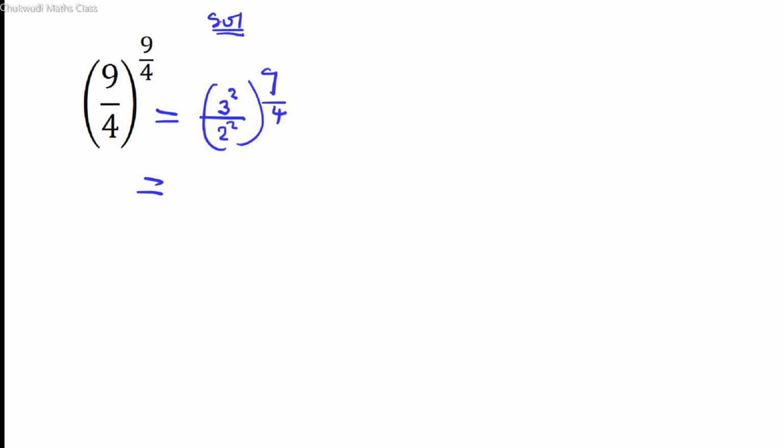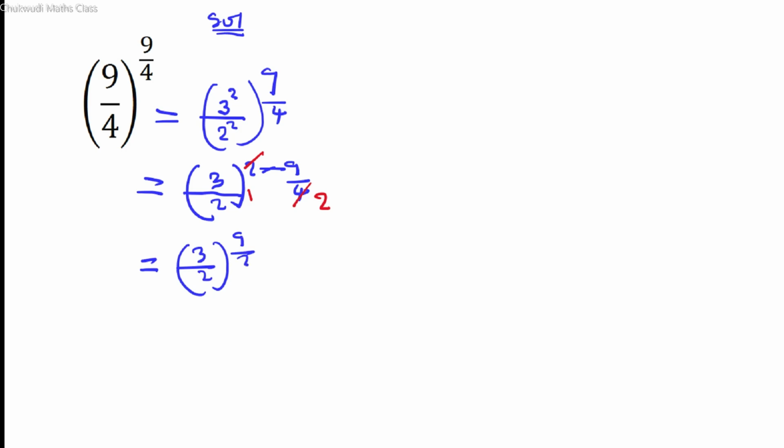This is equal to, since we have common exponents, let's write it in this way: (3/2) raised to the power 2, then multiply by 9/4 that we have there. And at this point you see that this 2 can divide itself to give you 1, 2 can divide 4 to give you 2, and the fraction is now 9 over 2. This is equal to (3/2) raised to the power 9/2.